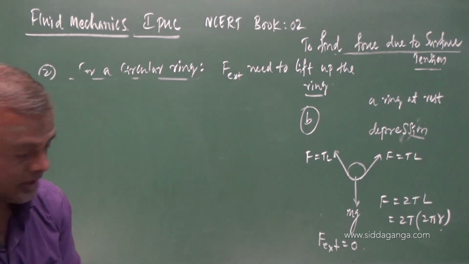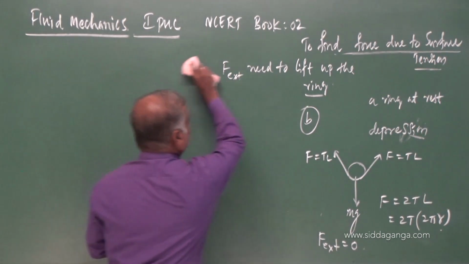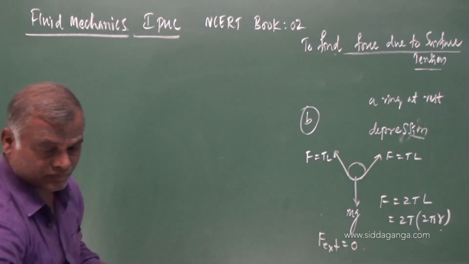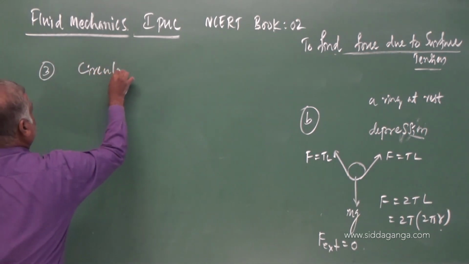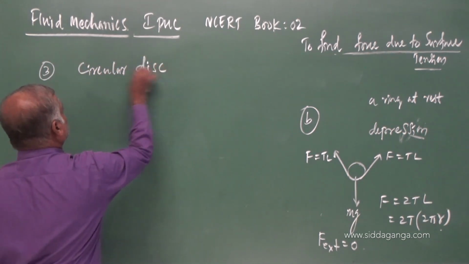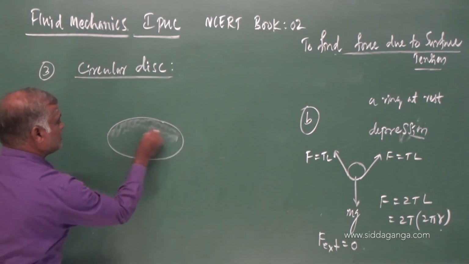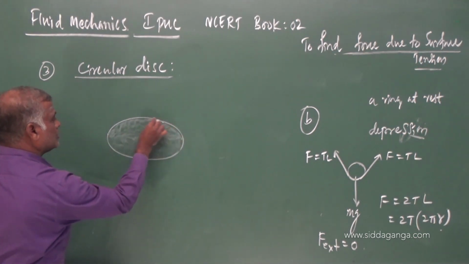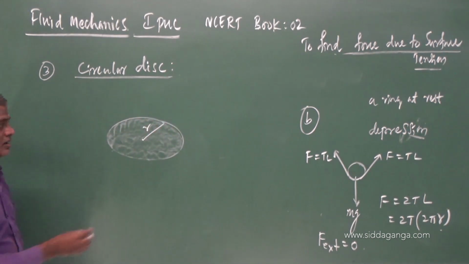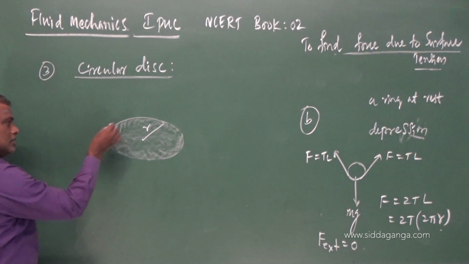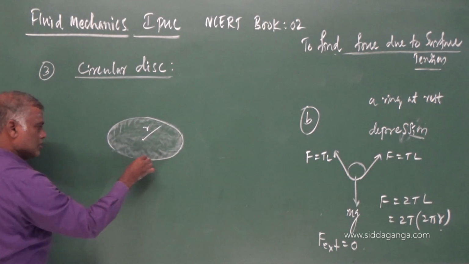Now the same thing for a circular disc. A circular disc means it has only one surface. Let us take the radius of the disc as r.